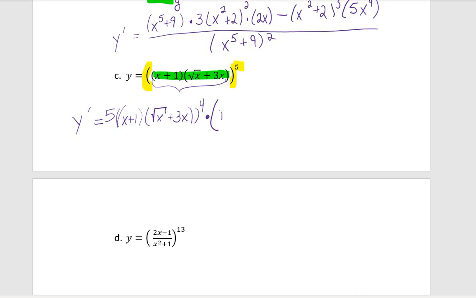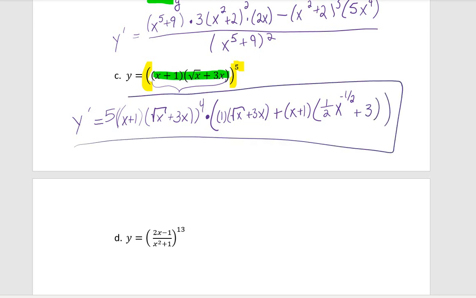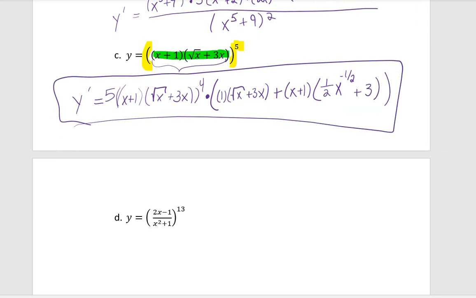So that'll be the derivative of the first one times the second one left alone, plus the first one left alone, times the derivative of the second one, which is 1/2 x to the negative 1/2, plus 3. And again, I am super happy if you leave it like that for an exam.